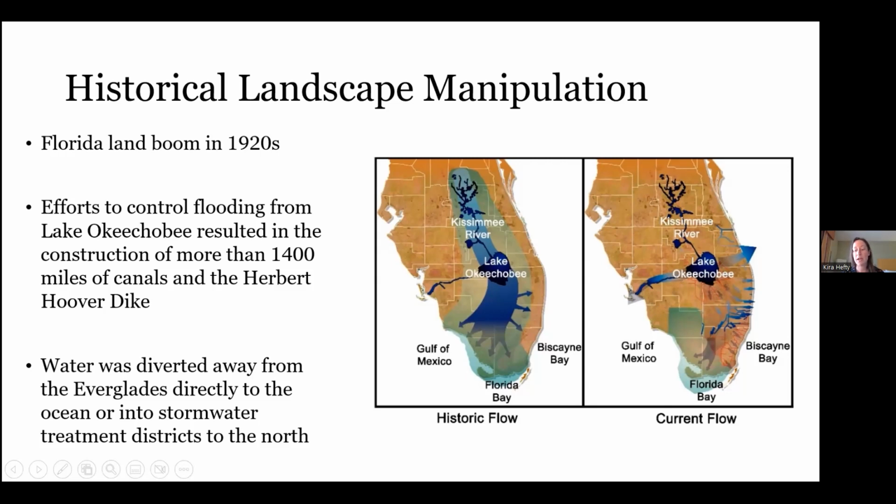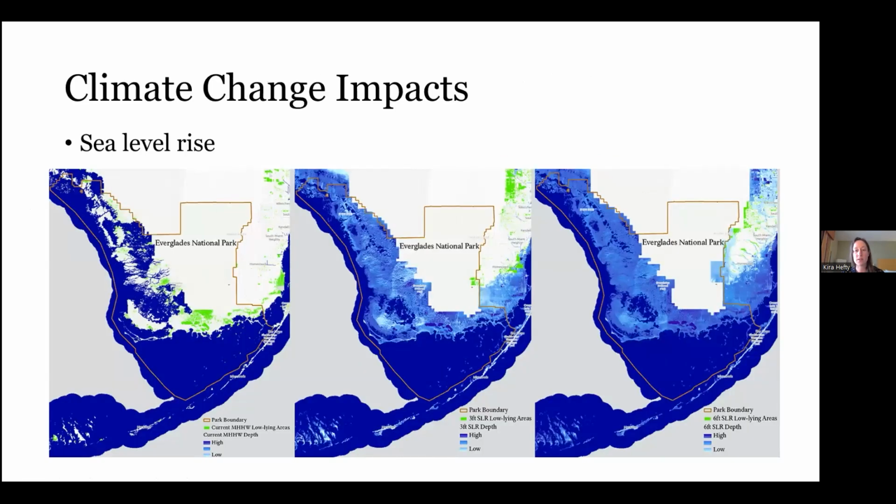So areas in the Everglades, some areas became really wet and some areas became really dry due to this human activity. And that has greatly reduced the number of tree islands within the system, as well as exacerbated some other effects of climate change.